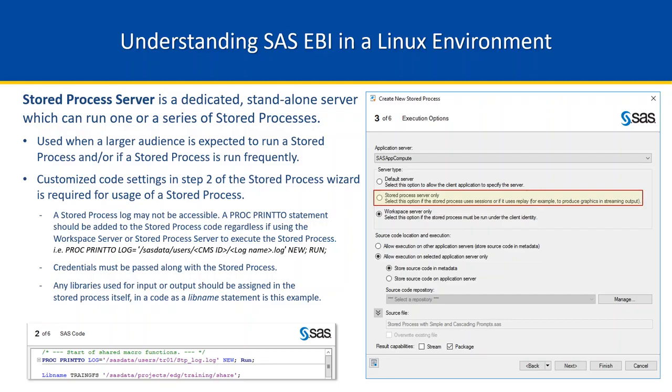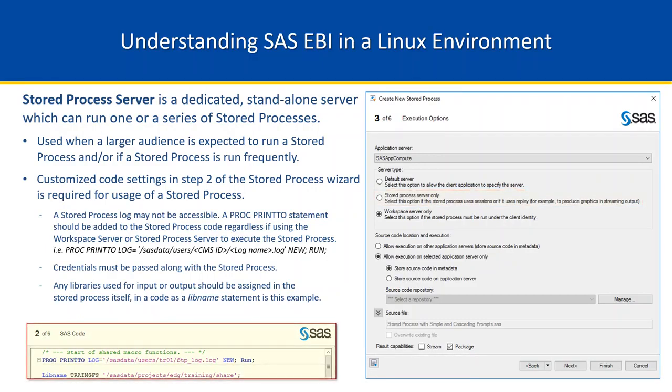A log may not be accessible to an end user when a stored process is run. In step 2 of the stored process creation wizard, you may write a proc printto statement so logs are saved to a known location every time the stored process is run. Any SAS libraries that contain input data and output data used by the stored process should be defined when the stored process is created.